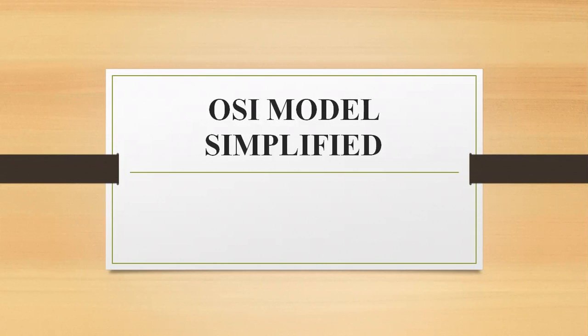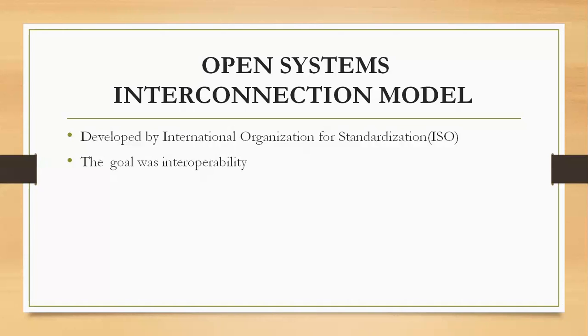I want to speak on OSI Model Simplified. The Open System Interconnection Model was developed by the International Organization for Standardization, and the goal they had in mind was interoperability of systems.